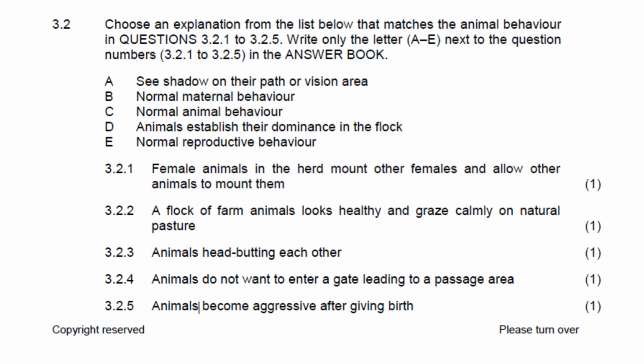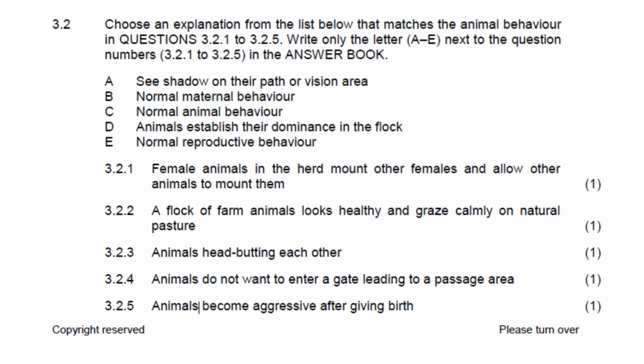Then moving on to the next one: a flock of animals look healthy and graze calmly on natural pasture. Right, again, this is about a flock of animals. They are not bothered. They don't care about who says what or who does what.